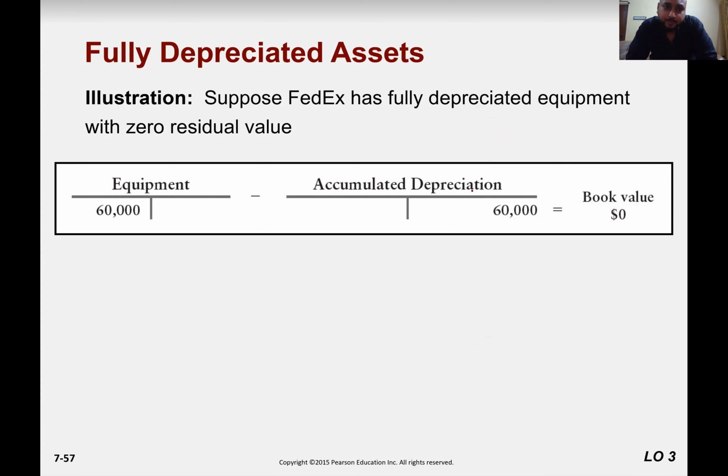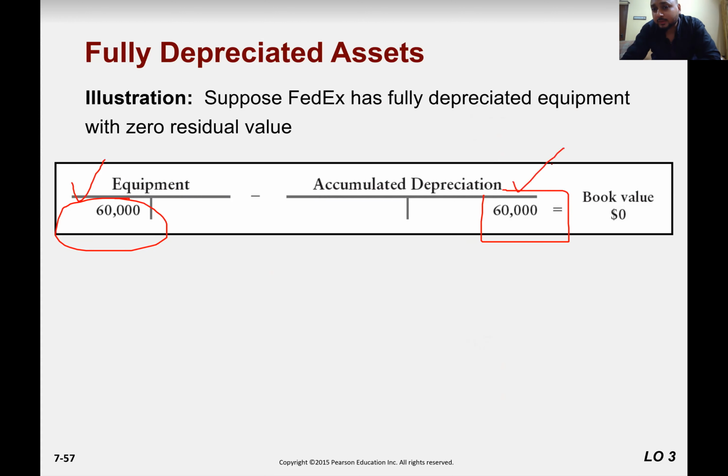So you see here now fully depreciated asset. What happened? If an asset is fully depreciated, it means we are no longer using it, and if it has a residual value, we will sell it and receive the residual value. If it's a zero residual value, then at the end accumulated depreciation must be equal to the cost. We purchase the asset for 60,000.